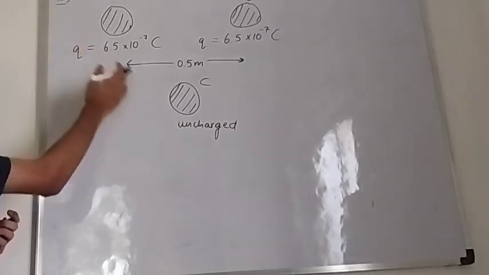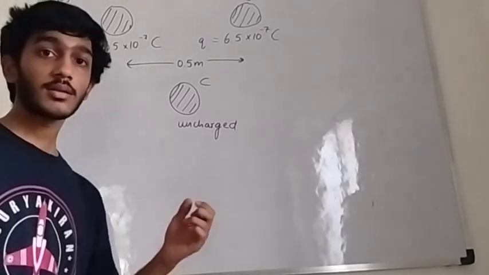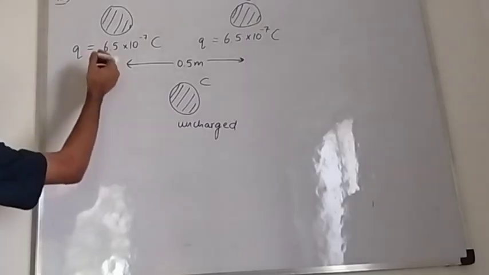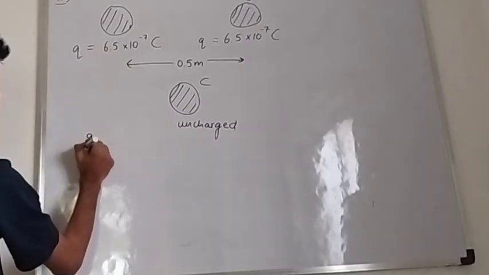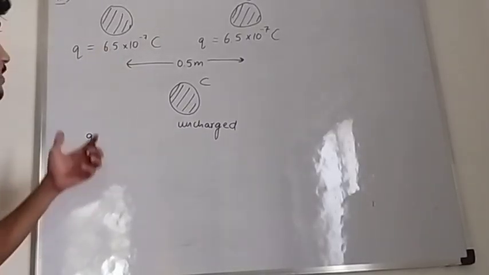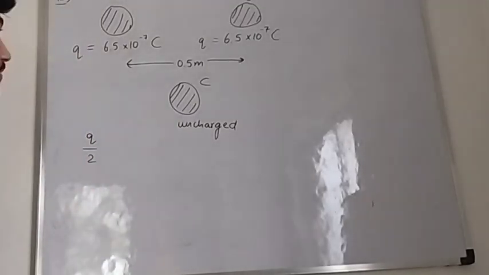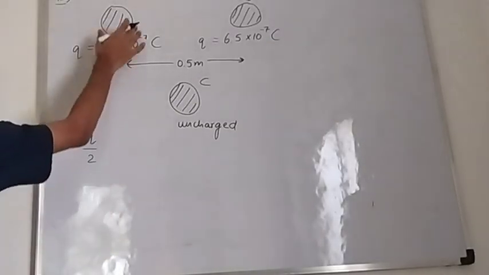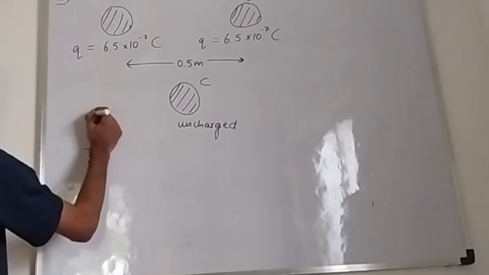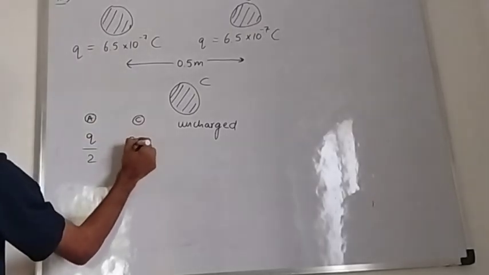So when these two are connected, a process of conduction will happen which will distribute the charge in both. These both are told to have equal dimensions. This is why we can do this, otherwise they will have the same potential, not the same charges always. So sphere A will have Q by 2 charge, sphere C will have Q by 2 charge.